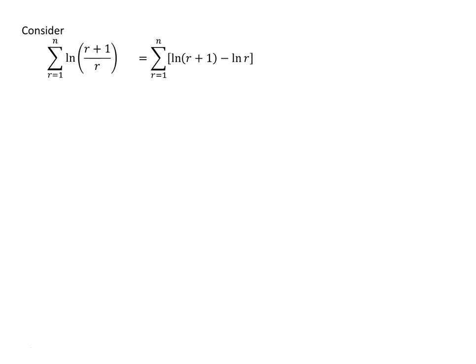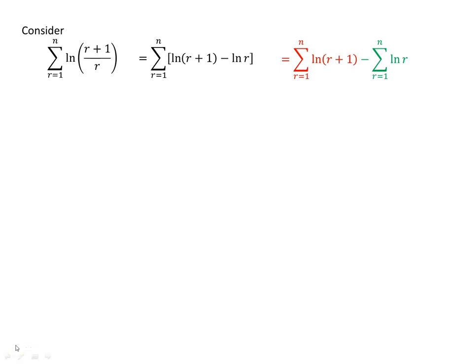Using the properties of sigma notation, we can now split that up and say what we've got is the sum between r equals 1 and n of the natural logarithm of (r plus 1), take away the summation between r equals 1 and n of the natural logarithm of r.